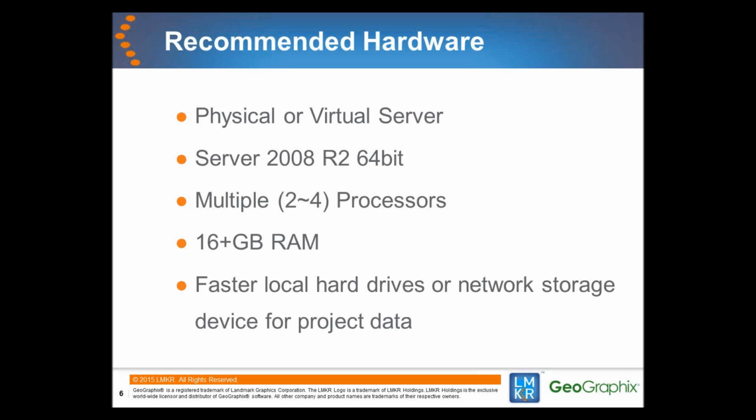At this time, the Discovery software has only been tested with Server 2008 R2 64-bit for a server operating system. Many of our clients are using virtual servers instead of just physical servers, and there are no real issues that I've seen, as long as adequate resources are still provided to that virtual server. So basically, the same requirements exist whether it's a physical or a virtual server.